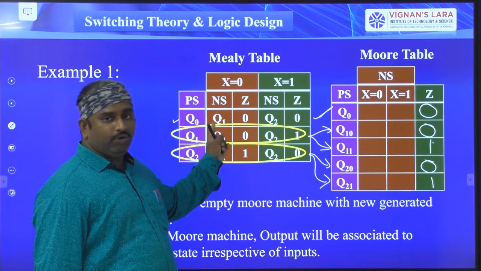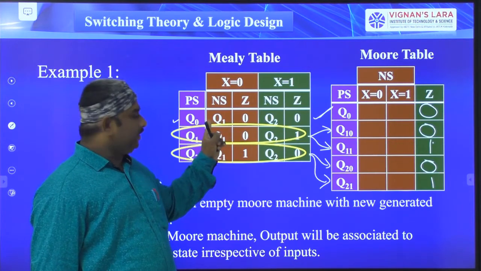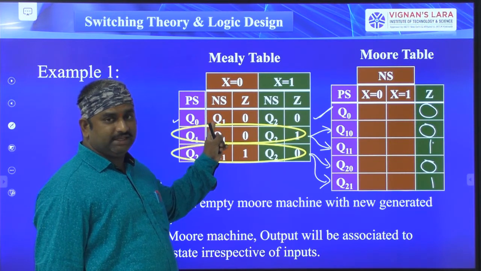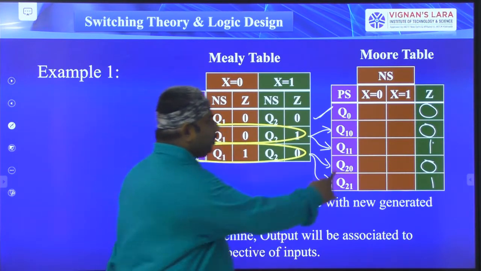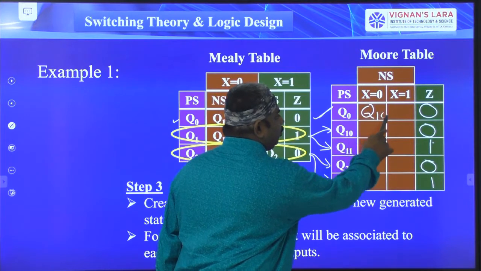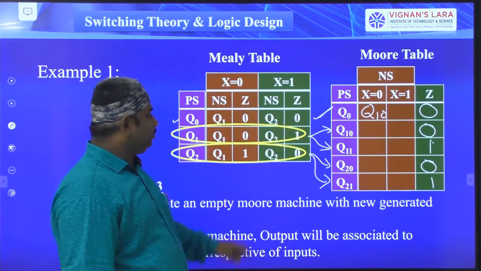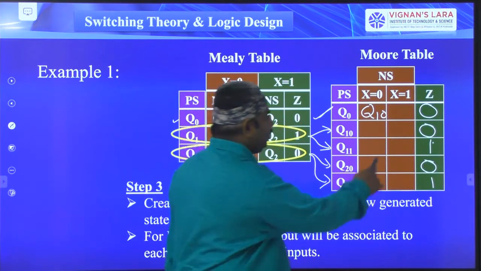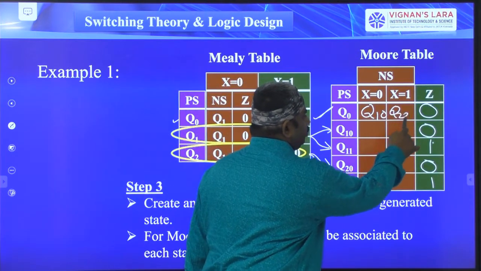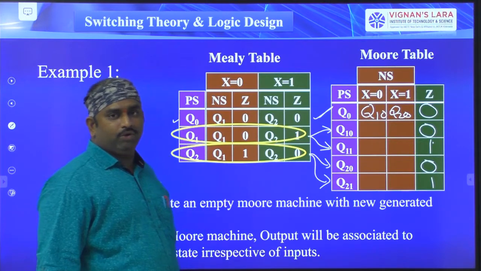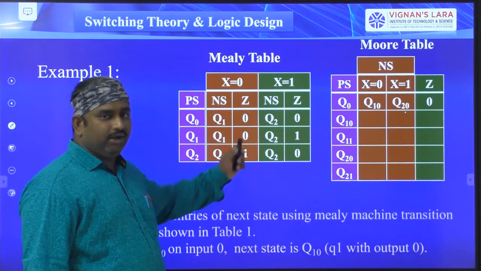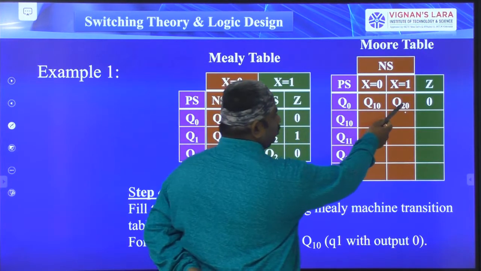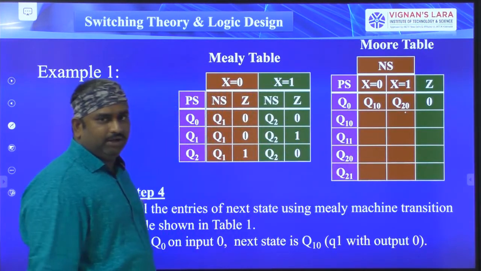Now you have to write by combining these two. Q1 is the next state and output is 0, so you write Q1 0. Here Q2 is the next state and output is 0, so you write Q2 0. That is our next state. So see here, Q1 0, Q2 0 and output 0 we have written here.